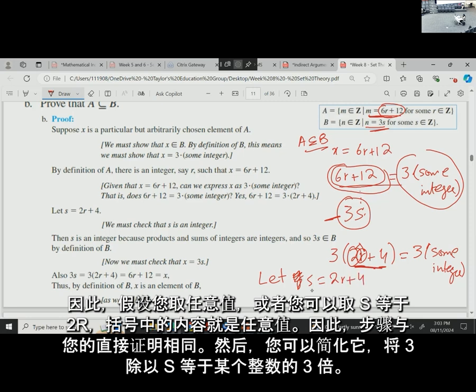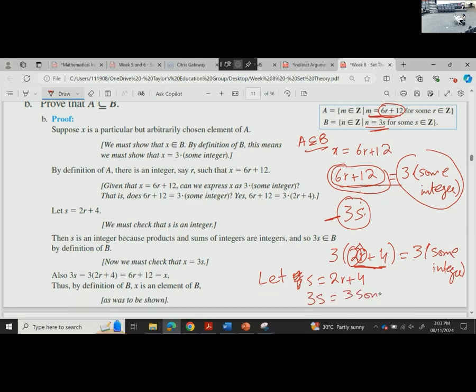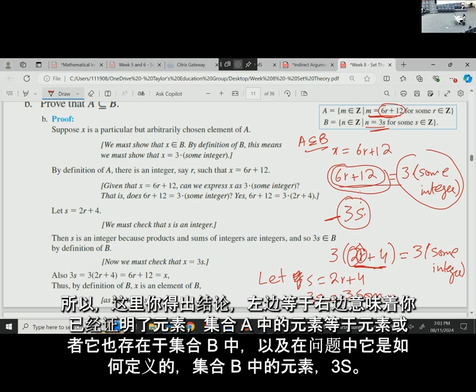Then you can simplify it. 3 into s is equal to 3 times some integer. So here you have reached the conclusion that left hand side is equal to right hand side, means you have shown that the element in set A is also present in set B. And how in the question it was defined, the elements in set B, 3s.